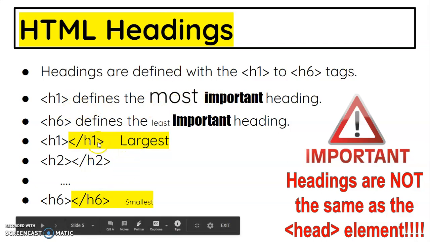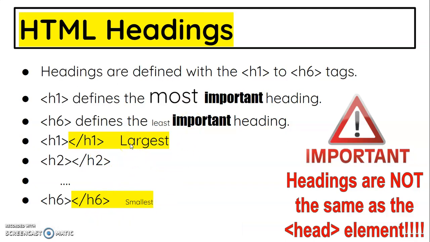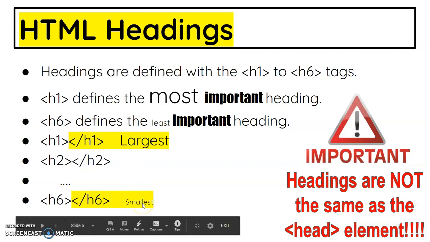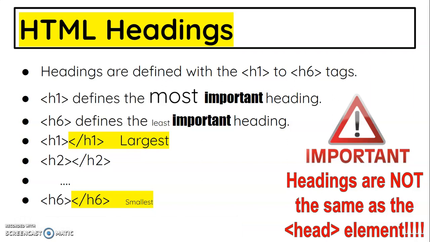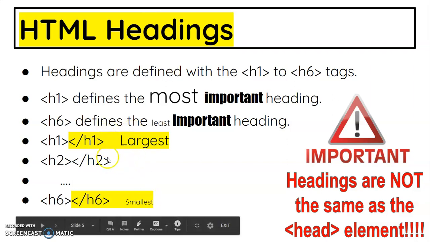It goes all the way down from H1, H2, H3, all the way to H6, and H6 is the smallest and the least important. So H1's for your first title on your index page, or maybe even on every page. H6 is so small, it's like the fine print in a contract. So you're most likely not going to be using that too often. But you will use H1, H2, H3, maybe even H4.